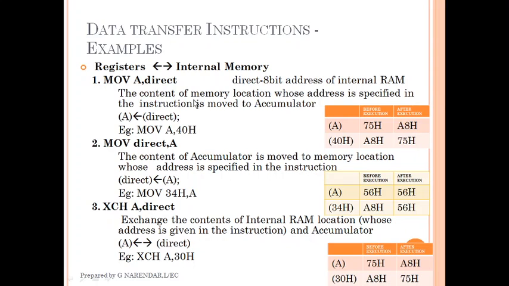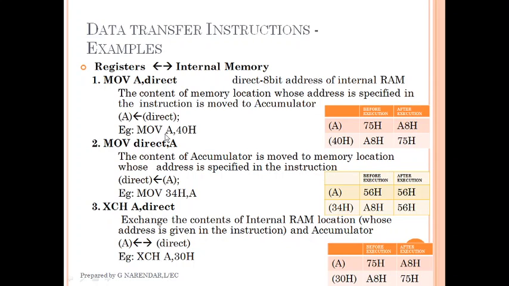The contents of the memory location whose address is specified in the instruction is moved to accumulator. We can represent this operation in a short way, that is, A gets the contents of the direct address memory location.